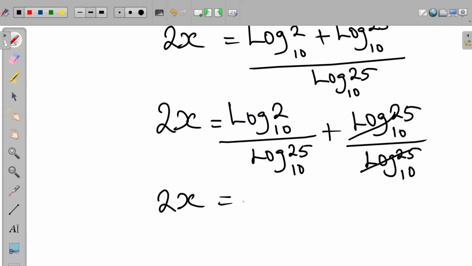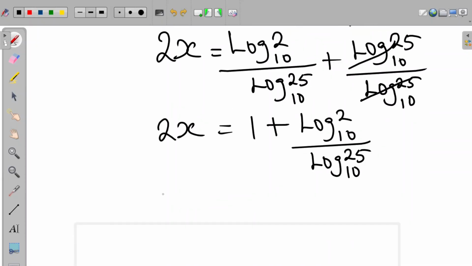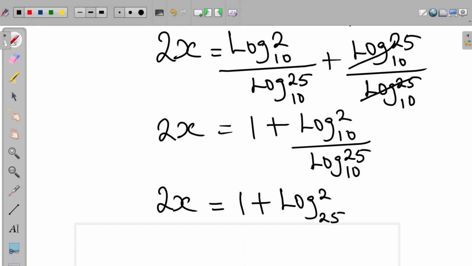2x equal to 1 plus log 2 to base 10 divided by log 25 to base 10. Now we can have that 2x is equal to 1 plus log 2 to base 25, from the knowledge of change of base.